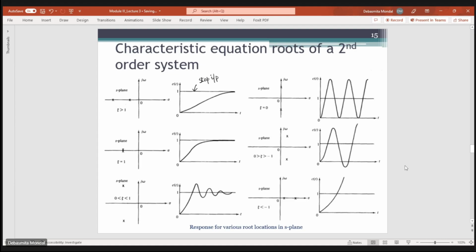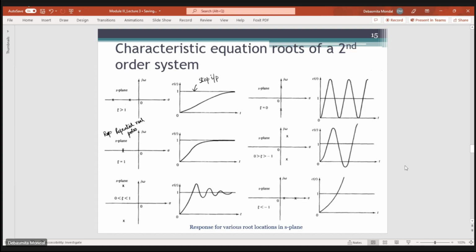Now if the two poles of the system lie on the real axis and both poles have the same value, that means there are repeated real poles.